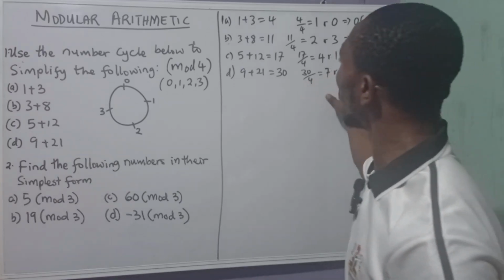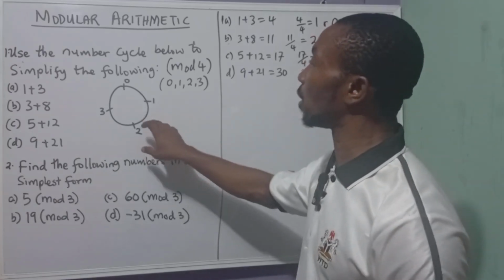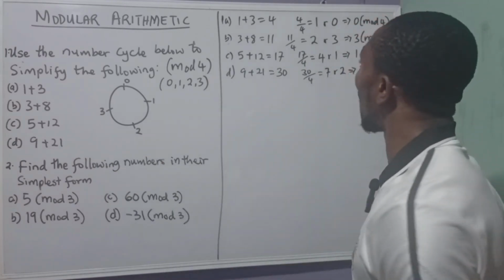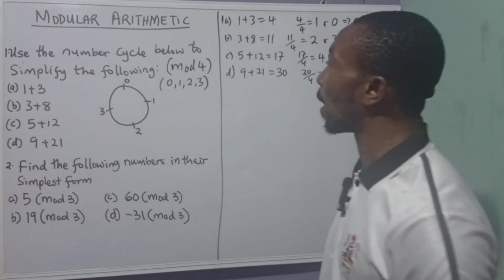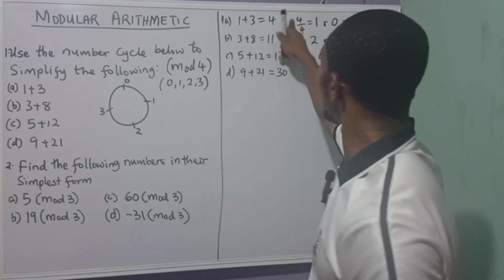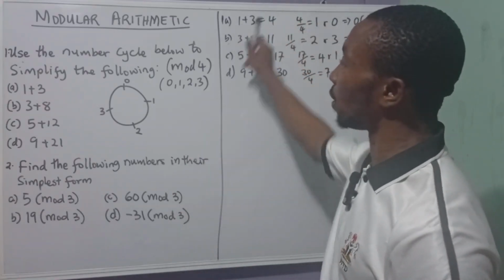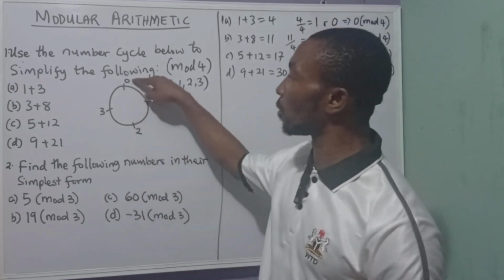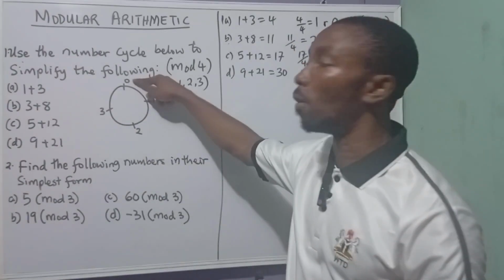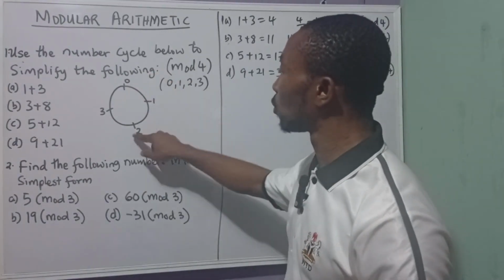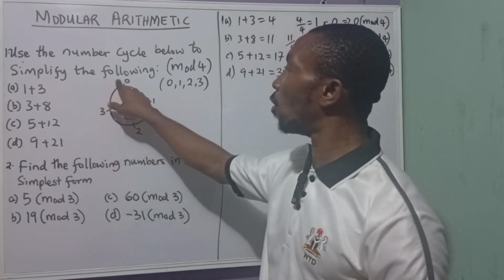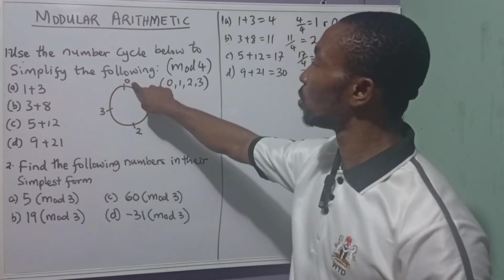Now this is one way of solving it. But let's look at using a number cycle as they said. If we have 3 plus 1, which is 4, starting from 0 we count 4 steps, 1, 2, 3, 4, which brings us back to 0.